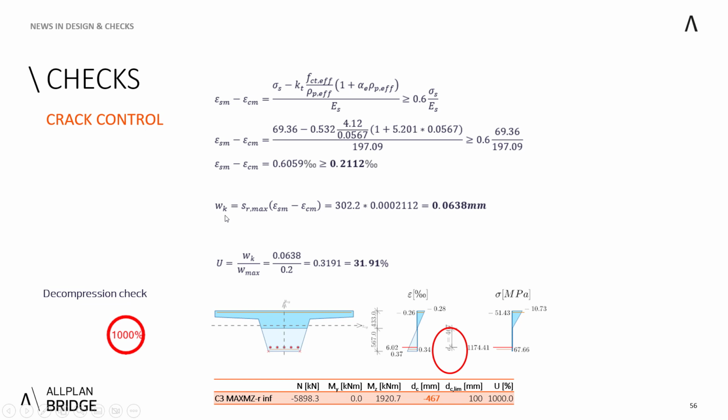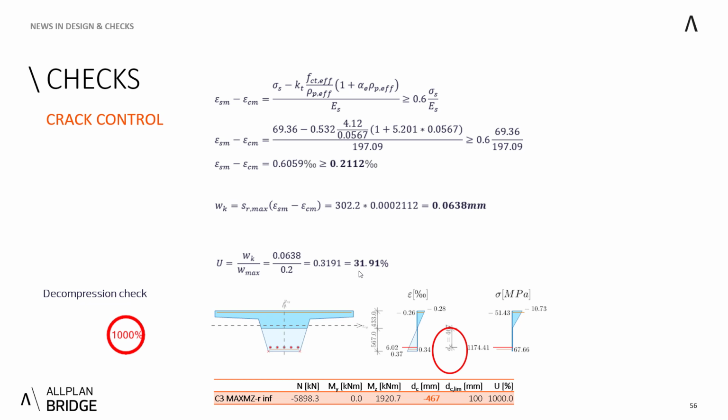So therefore, the actual crack width can be combined from the maximal crack spacing and the difference in the strains, resulting into the overall crack width being 0.0638 millimeters, which gives us the utilization against the exposure classes, resulting into the maximum allowable crack width of 0.2 millimeters to 32%.